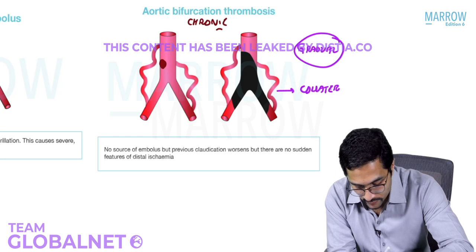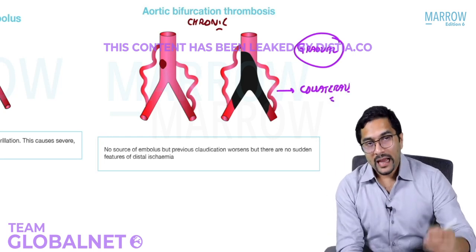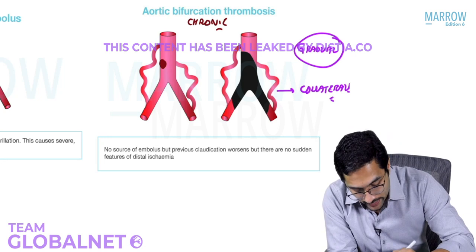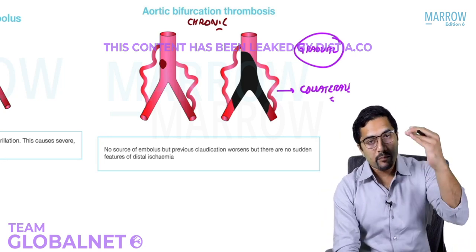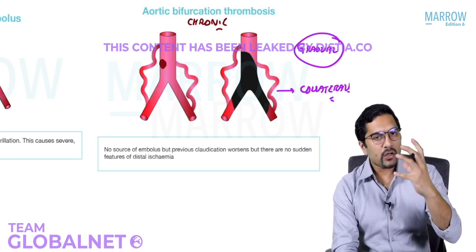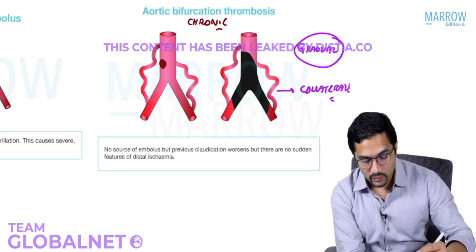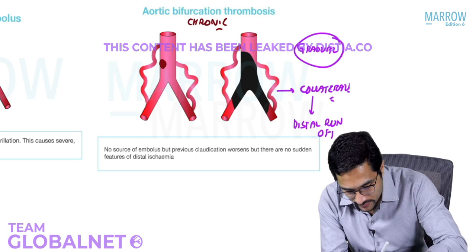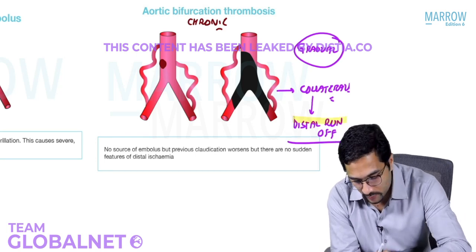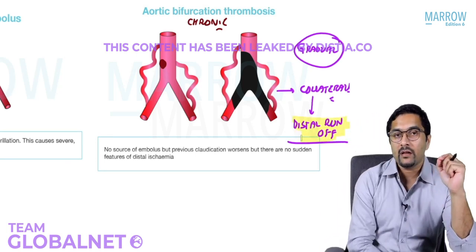Collaterals will form. And these collaterals are going to supply below the blocked area as well. So even the area below the block, some bit of it will receive supply because of these collaterals. And these collaterals contribute to the distal runoff. Distal runoff means that even distal to the site of the block, there will be some blood supply which will be coming in.